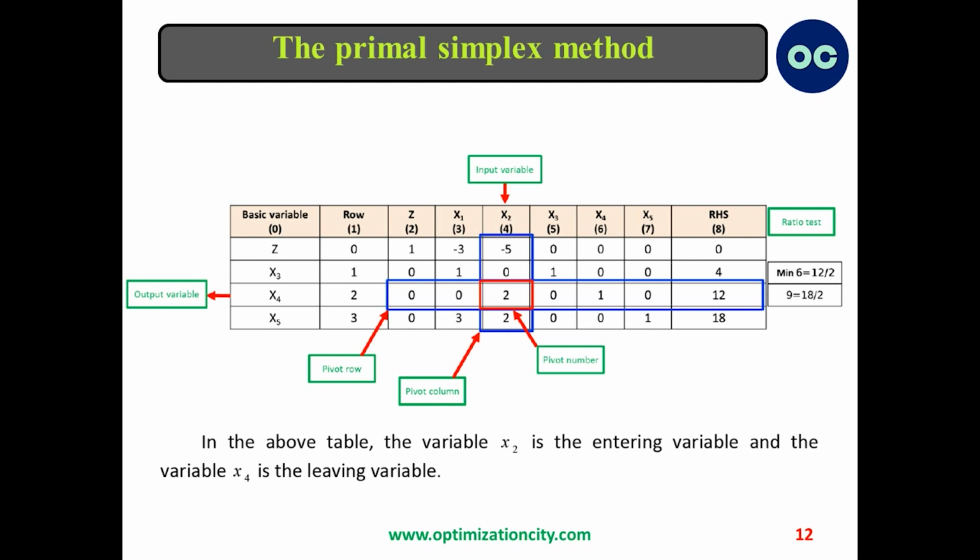Multiply the pivot row by non-zero constants that will make the coefficient in the pivot column, except for the pivot number, become 0. So you should multiply this row by 2.5 and sum with this row, adding a multiple of the pivot row to another. So you can see that we had to multiply this row by 2.5 and add it to this row.